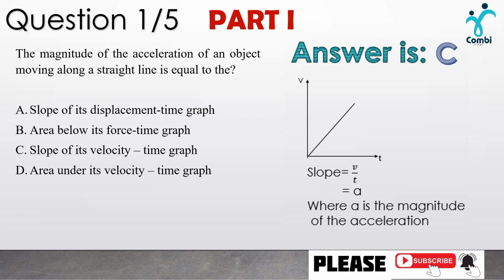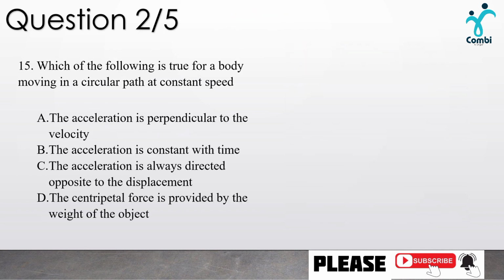So let's move to the next question. Okay, next question says, which of the following is true for a body moving in a circular path at constant speed? Let's see. The acceleration is perpendicular to the velocity.